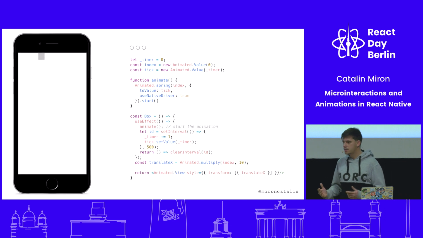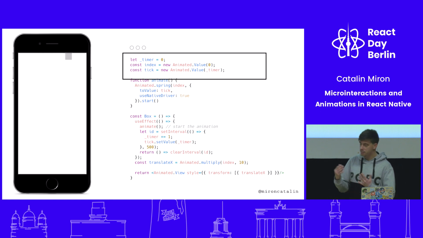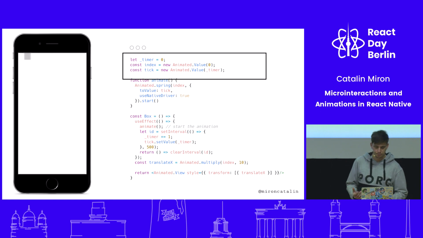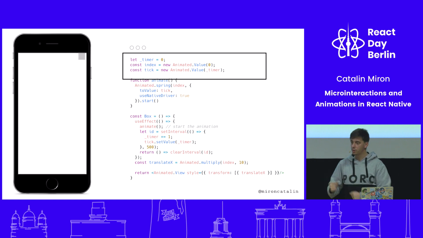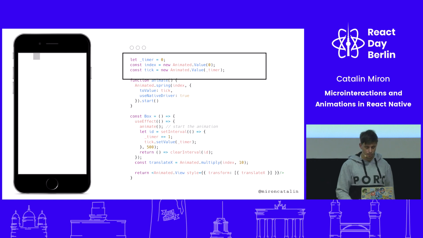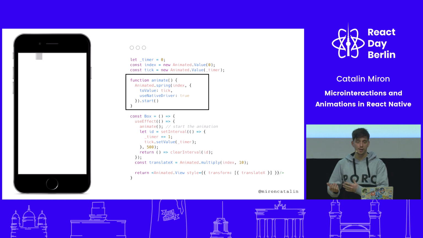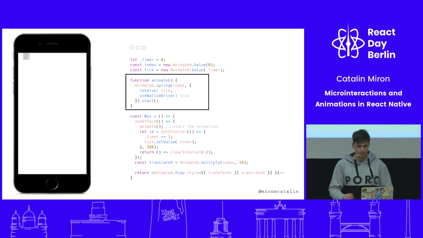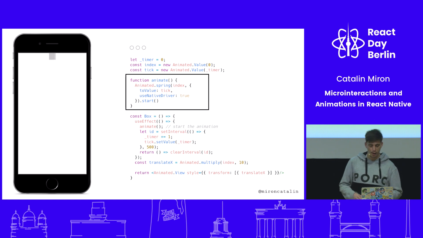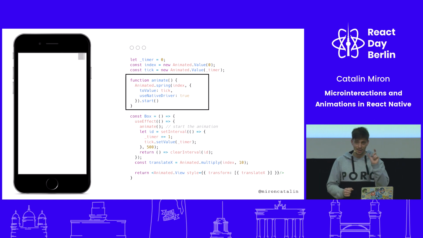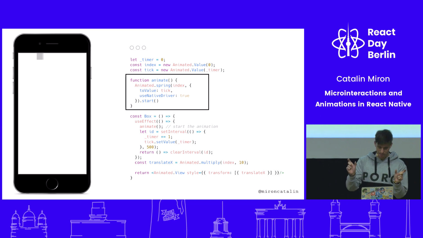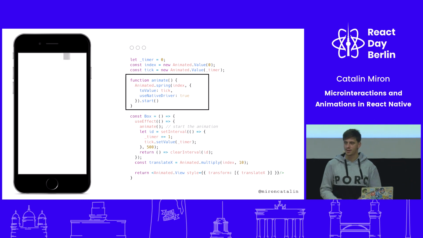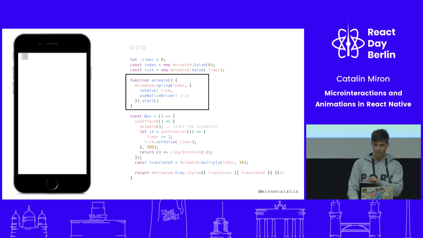What you can do here is define two different animations, both of them starting from 0. Let's create an animate method that is going to use spring, because I like physics, and is going to modify the index based on the tick, and of course is going to use the native driver. So far so good, I think.